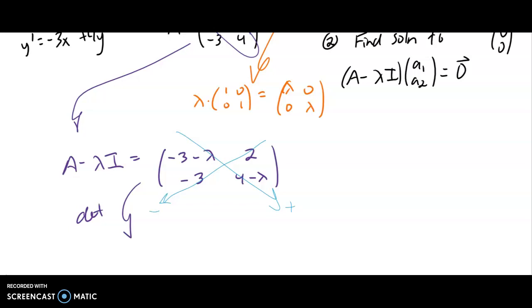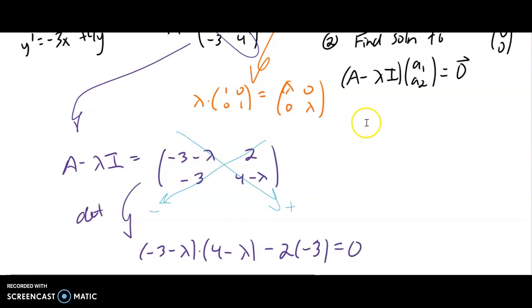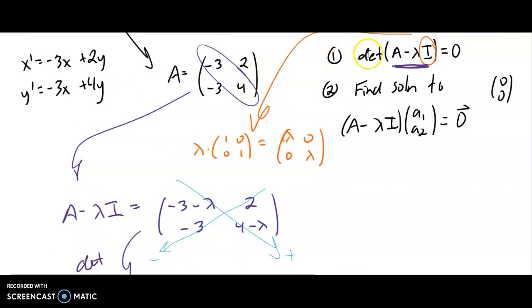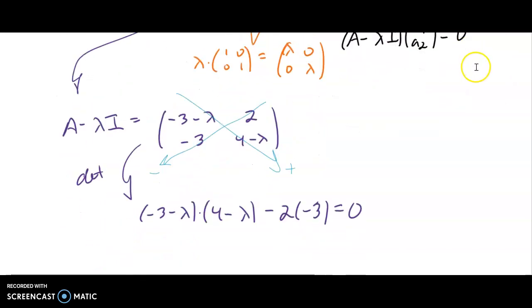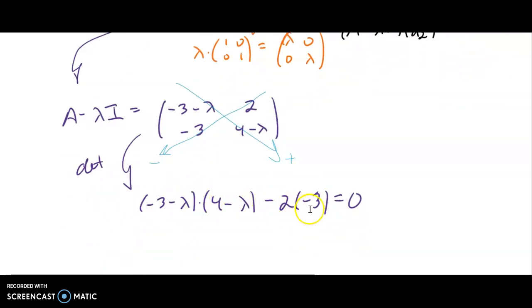So when I do that, I get -3 minus lambda. That's the first piece right here. Times 4 minus lambda, that's that plus product, minus 2 times -3. You can see I'm going to get a double negative. Now, I want to set that equal to 0 because the first step is to set the det of A minus lambda I equal to 0. Well, this is the det of A minus lambda I, and you can see I've set it equal to 0.